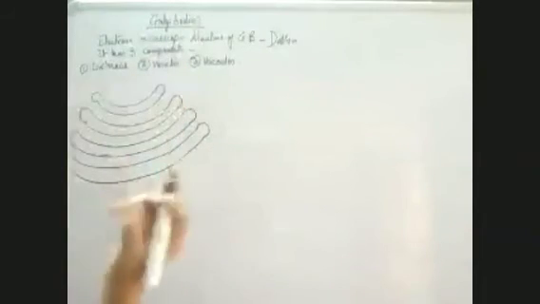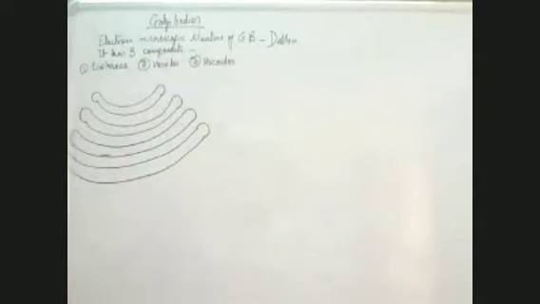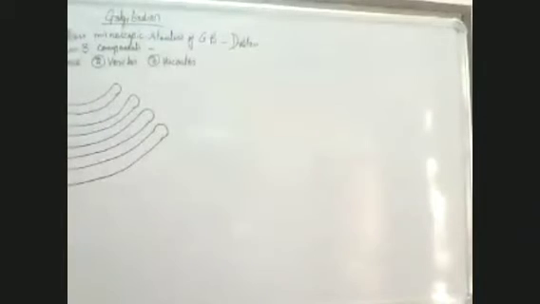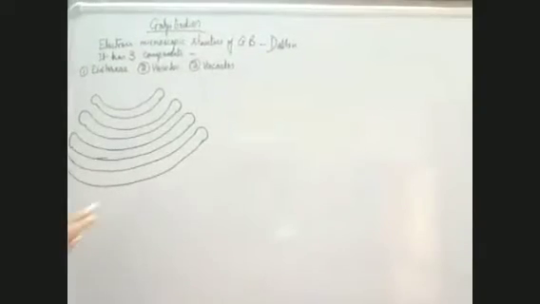Vesicles are small spherical structures and vacuoles are large spherical structures. The vesicles are found towards this face.